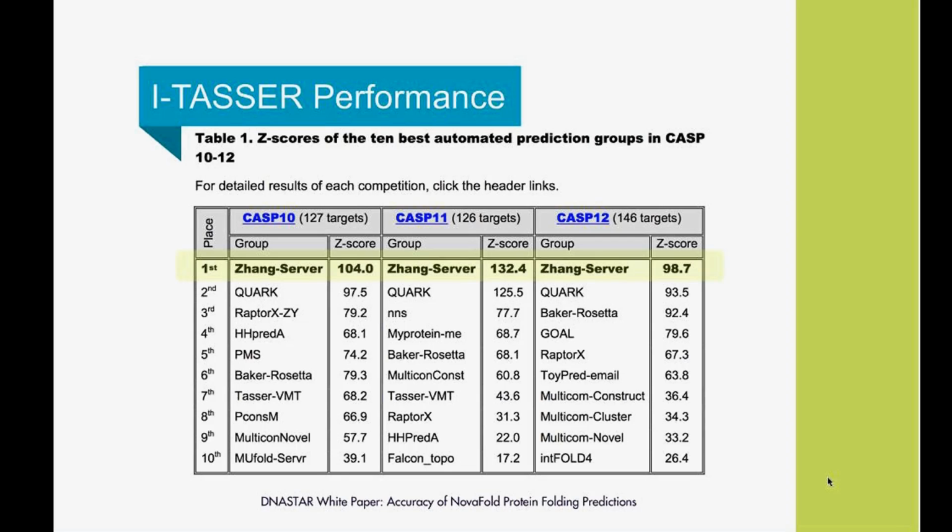In the last 5 CASP competitions, which is the Critical Assessment of Structure Prediction, the Zhang server, which is automated I-TASSER, has proven to be the top in terms of the rating that they go by, the Z-score, when compared to groups of 20 or 30 other automated structure prediction algorithms and workflows.